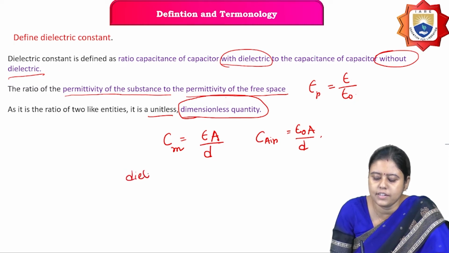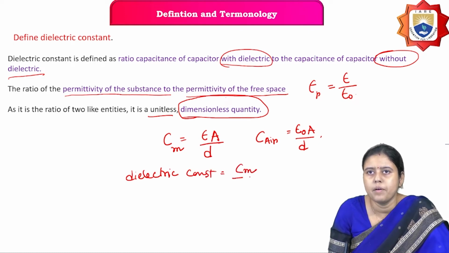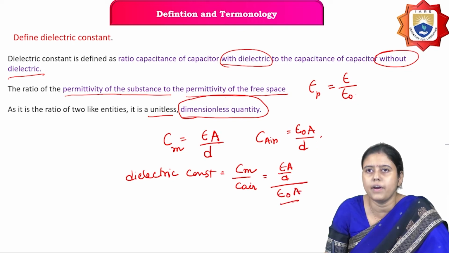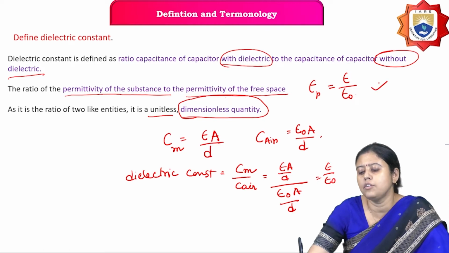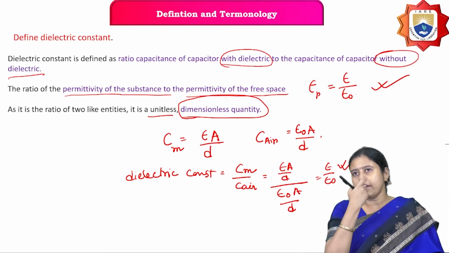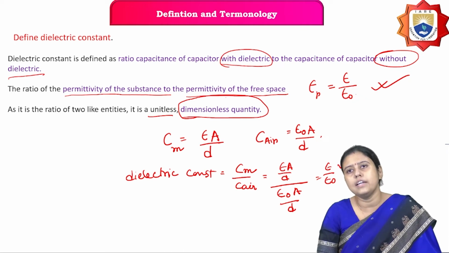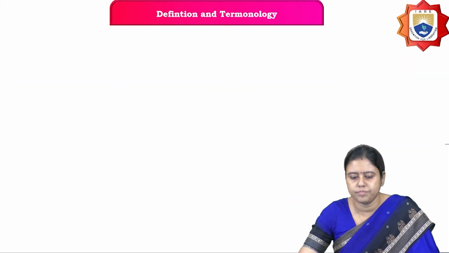Dielectric constant is equal to Cm by C0, that is epsilon A by D divided by epsilon 0 A by D, and we get epsilon by epsilon 0. The same thing we can get from here. So we can tell the dielectric constant is the ratio of two capacitances.